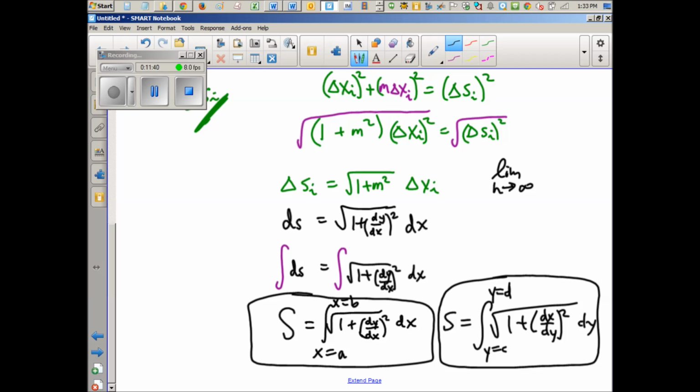So this is great when you happen to have two y values in mind, and maybe your curve is given, instead of like y equals x squared, as x equals y squared or something weird. Or if y is hard to isolate, you might want to use this second one. So know that you have both of these at your disposal.